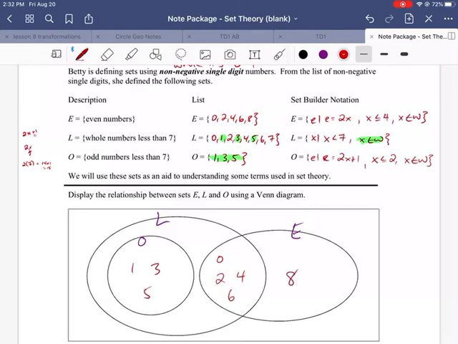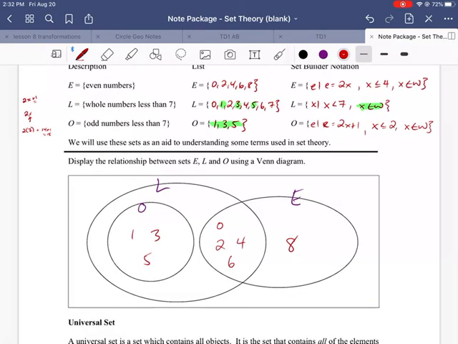Now, I made a mistake way back up here. This 7 is not included because it's less than 7, not less than or equal to.